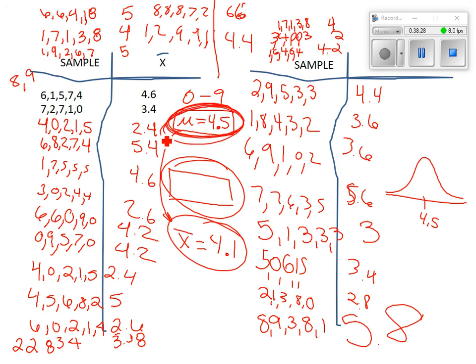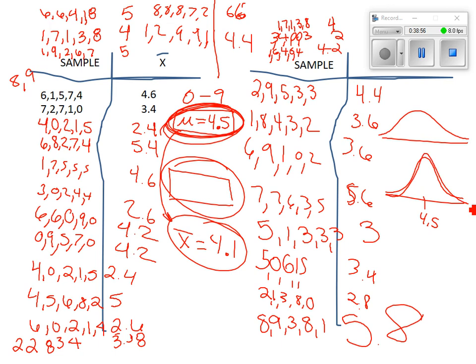So figuring out the population mean, and then finding a whole bunch of smaller samples, 5, 10, 15, however many we're picking at a time, and then make it look like this. So our normal curve normally looks something like this. The curve for the sample means is going to look probably more straight up and down.